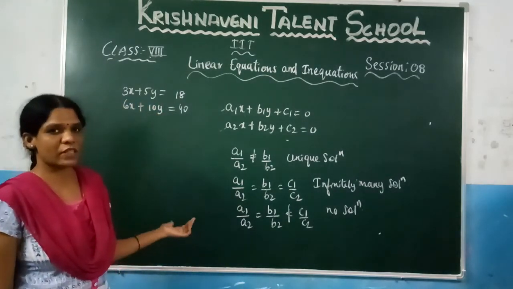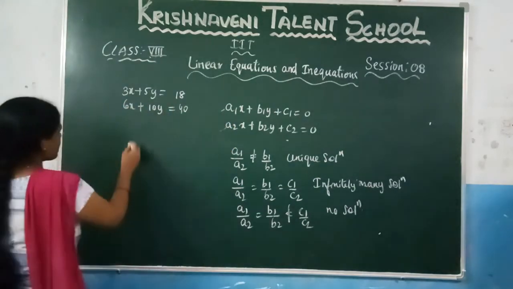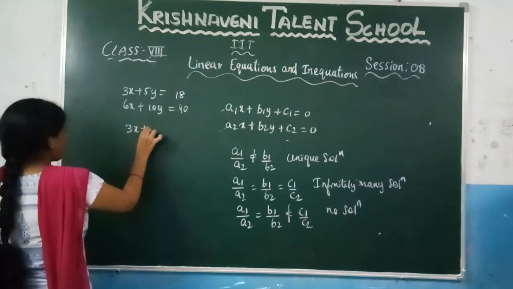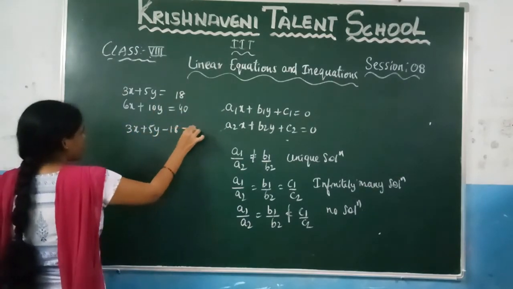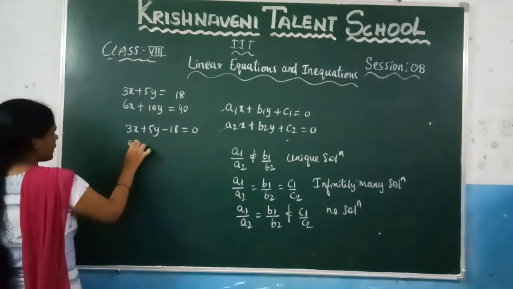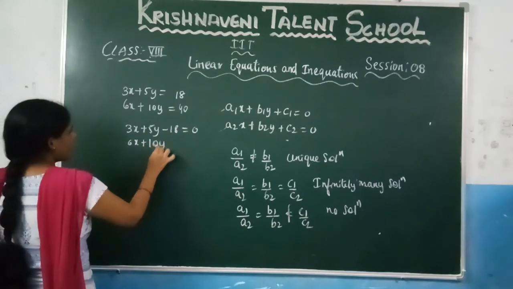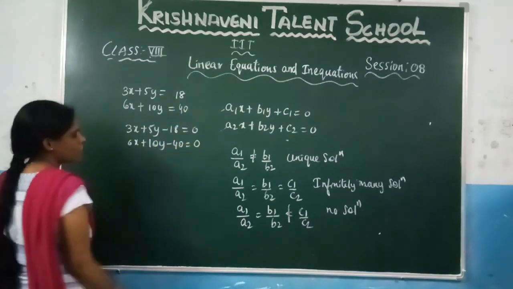Before that, let us write these in the standard form. You can write this as 3x plus 5y, take this 18 to this side, it becomes minus 18 is equal to 0. Now consider this equation, you can write it as 6x plus 10y, take plus 40 to this side, it becomes minus 40 is equal to 0.